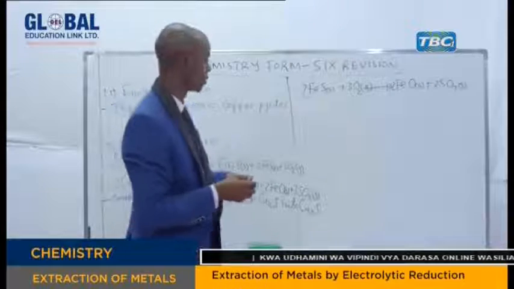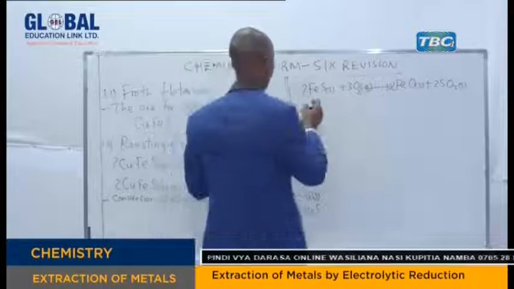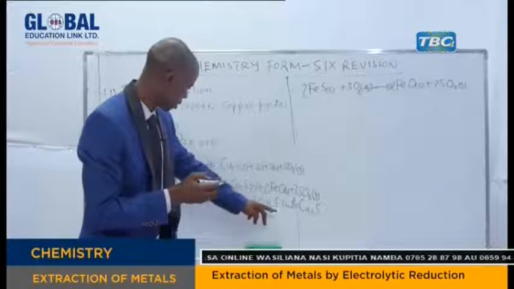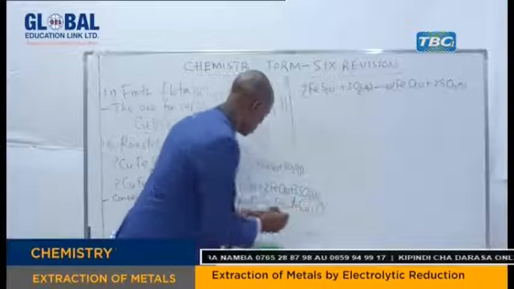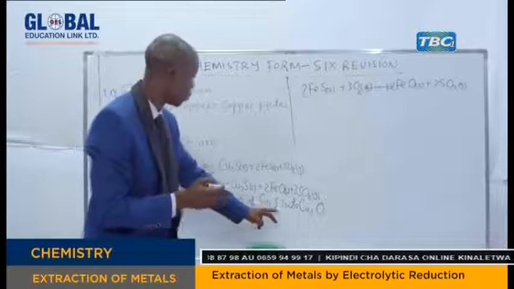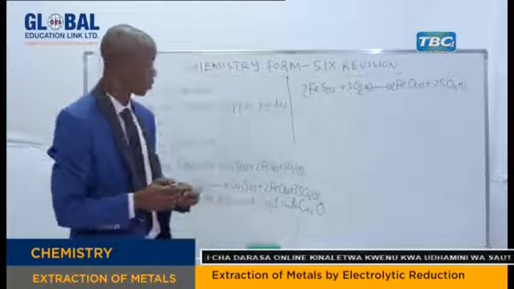So that is number one. So here we have iron 2 oxide. Also, this copper 1 sulfide will be oxidized or converted into copper 1 oxide.